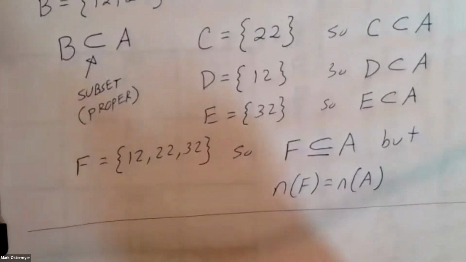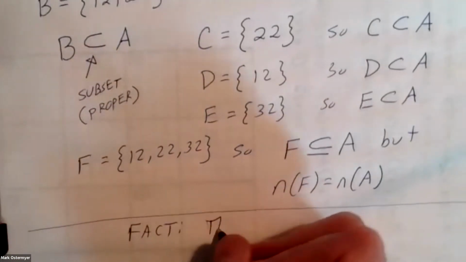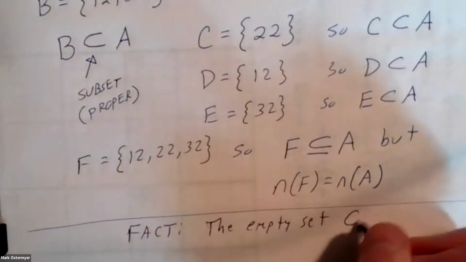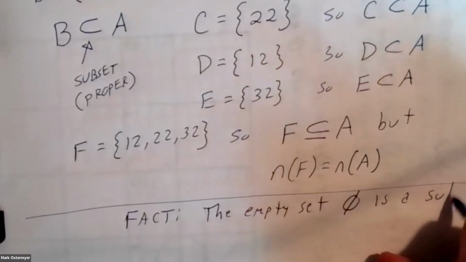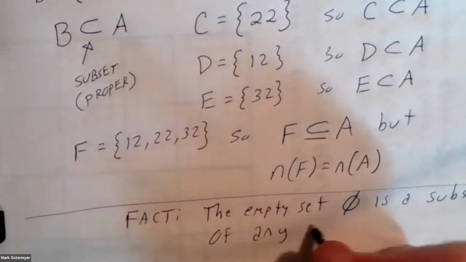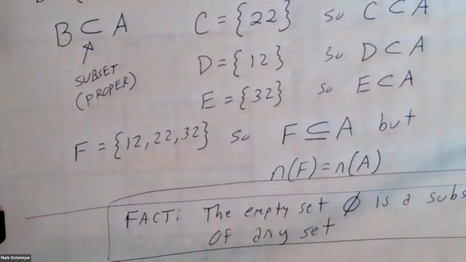Oh, there's a nice important fact in passing. The empty set is a subset of any set. It's always true that the empty set is always a subset of any set.